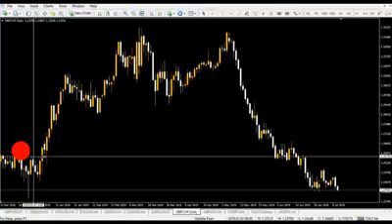Okay, we do know that every Forex strategy is not 100%. You're going to have your wins as well as your losses. And so this particular one, we do see where we would have been in profit for roughly 17 pips before we got stopped out.